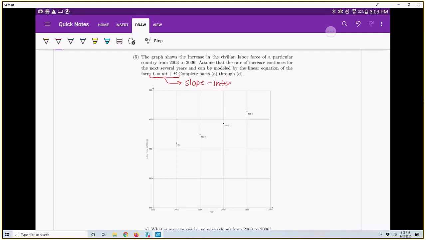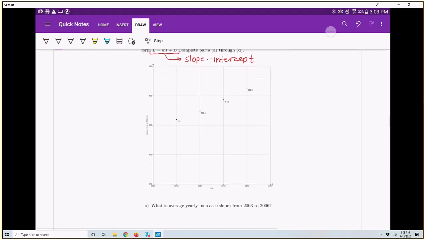So it's going to ask us several questions. The first question is, what is the average yearly increase from 2003 to 2006? So in 2003, I have 151 million. I'm actually going to write 0 instead of writing 2003, because again, I'm thinking of it as years since 2003.